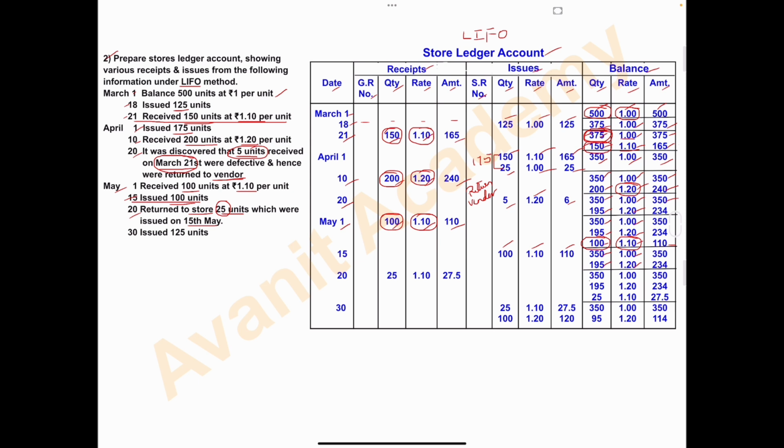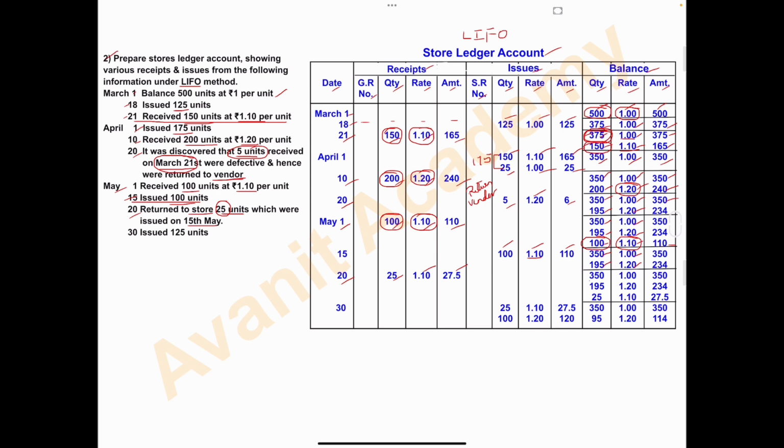So this 20th entry we'll write in the receipts column, May 20th. Number of units returned is 25, which were issued on 15th May. On 15th May, it was issued at rupees 1.10. So write the rate 1.10, 25 into 1.10, 27.50.